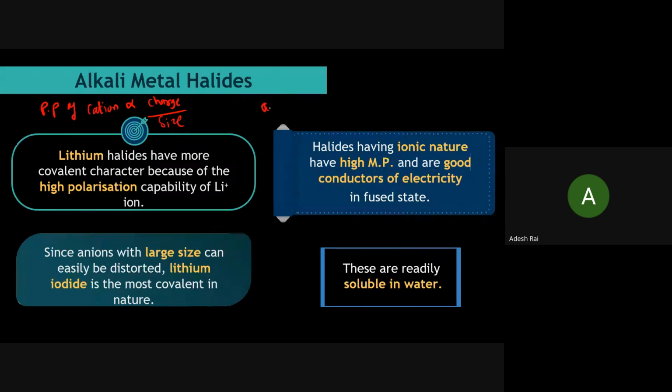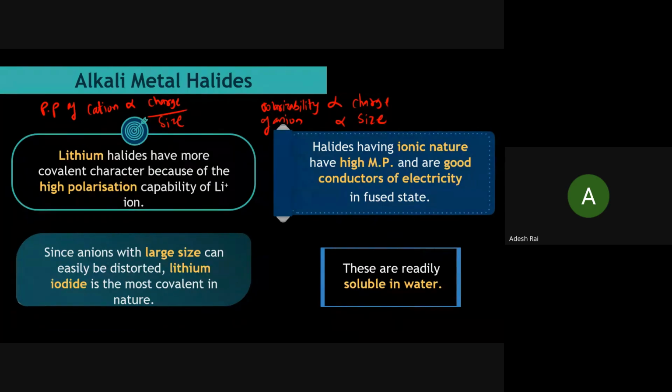But polarizability is directly proportional to charge and directly proportional to size. So for anions, we define polarizability, and for cations, we define polarizing power. The cation goes and polarizes the anion. The anion is polarized. So polarizability for anion and polarizing power for cation.